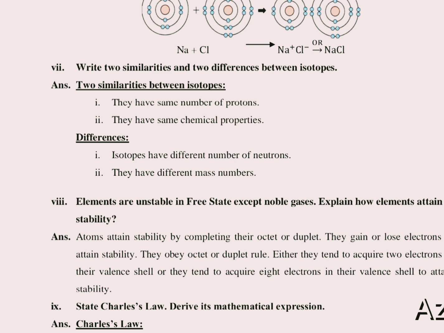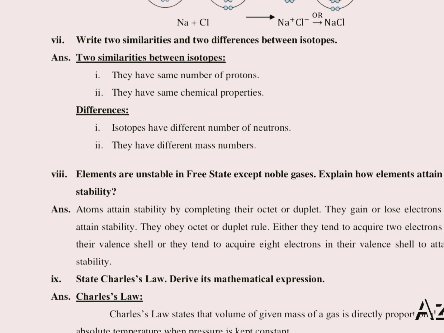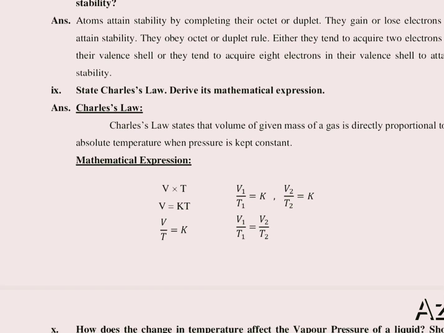Next is: state Charles law, derive its mathematical expression. Charles law, Boyle's law, these are related to studying the behavior of gases, and we study gas behavior with certain parameters like pressure, temperature, volume. Whenever we discuss the relation between two parameters, we have to consider the other parameters constant.